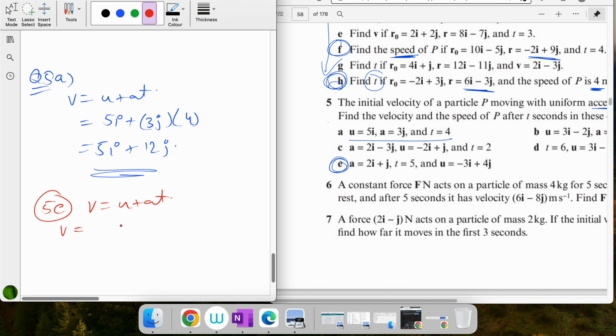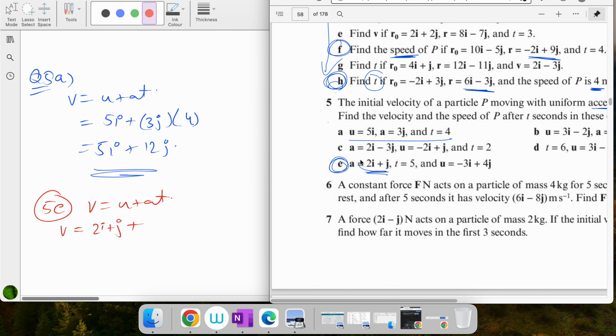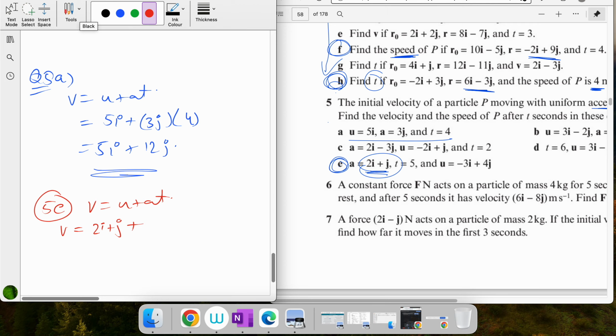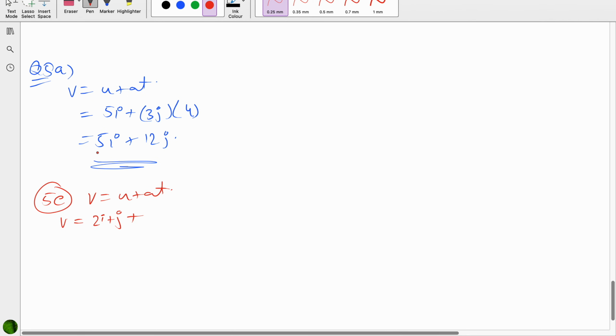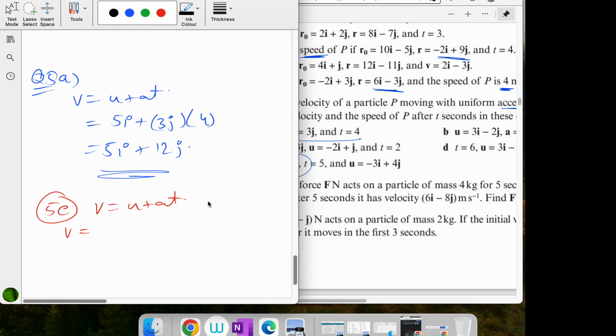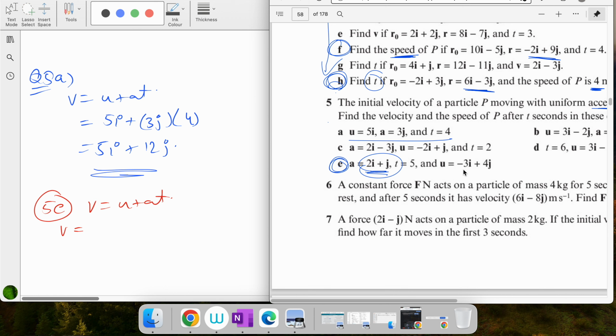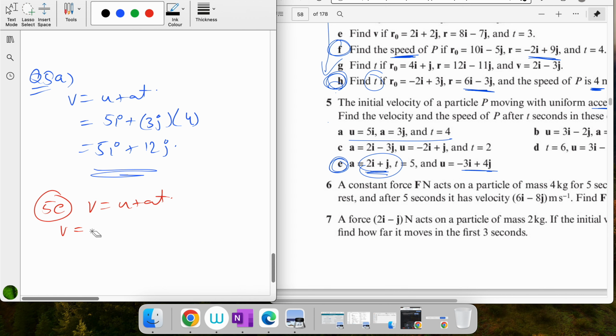So velocity equals, initial velocity is minus 3i plus 4j, acceleration is 2i plus j, and time is 5.